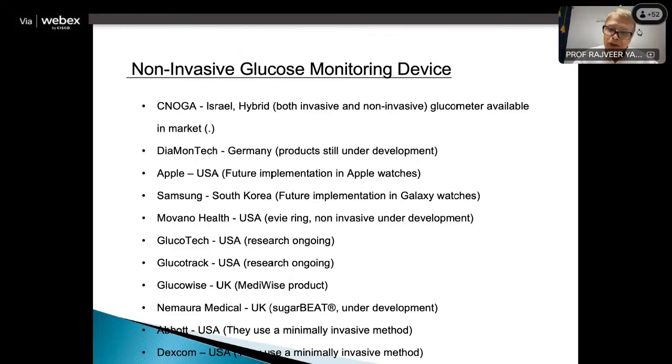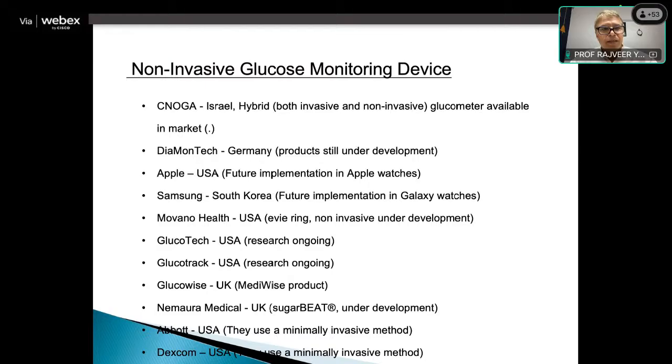Apple has been working on this long back. Apple came up with a solution in Apple Watch, and they claimed that the watch is able to determine the blood glucose level. Again, it was not able to clear FDA approval, and they rolled it back. Samsung, well known, a South Korean company, also came up with Galaxy watches. Again, the FDA approval could not be awarded, and they rolled back this device.